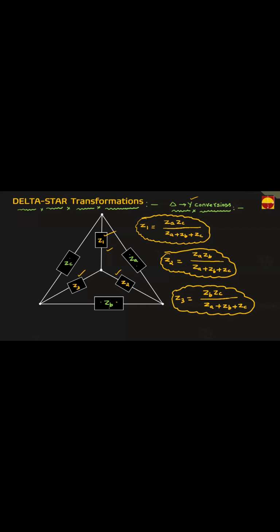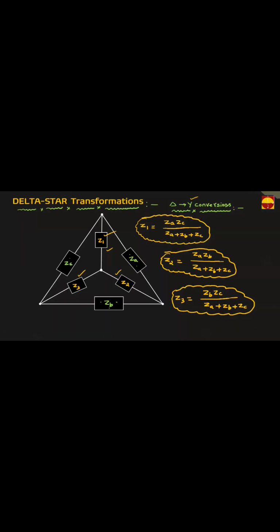Now replace these impedances by resistive element, inductive element, and capacitive element. Now applying those formulas, the first one is for resistance. For resistance, you know that you replace Z equal to R. For resistance, the impedance equals resistance.